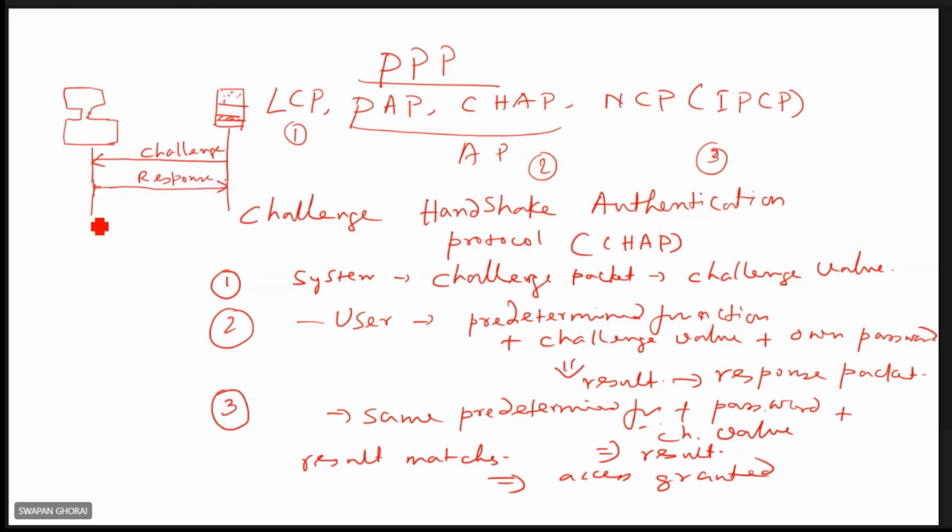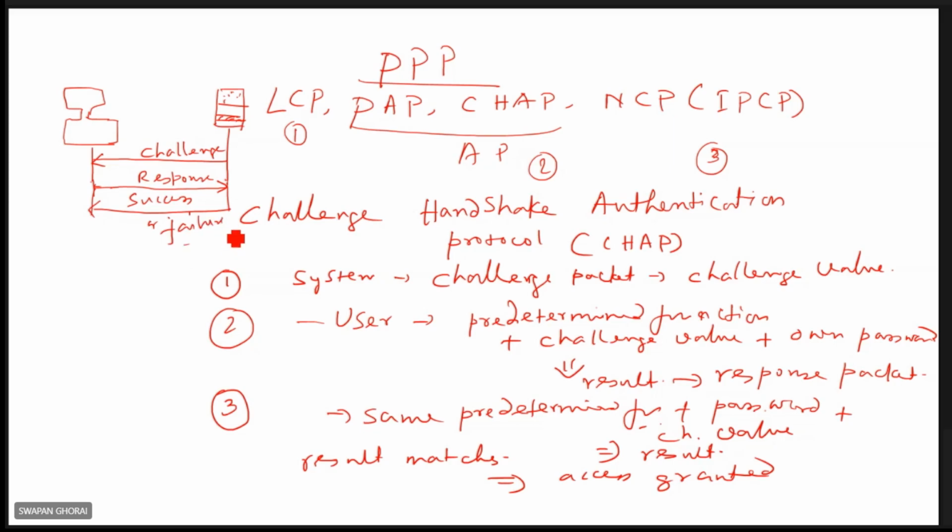And the system will do the same thing. It will use the same predetermined function, the challenge value, and the password of the user, and it will create the result. If the result matches, then access will be granted, or it will be denied. So there can be success or failure.